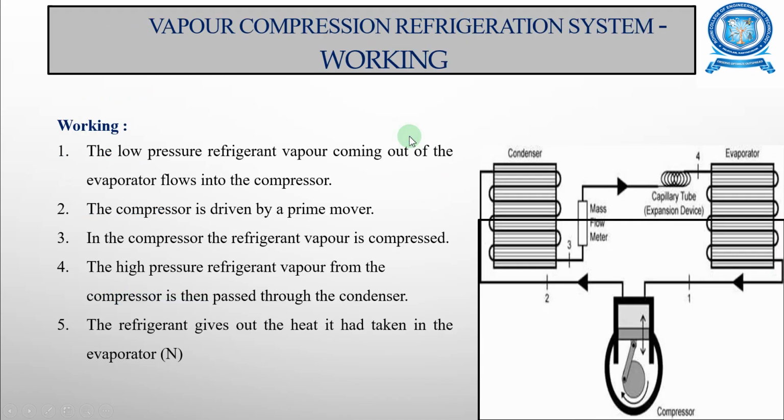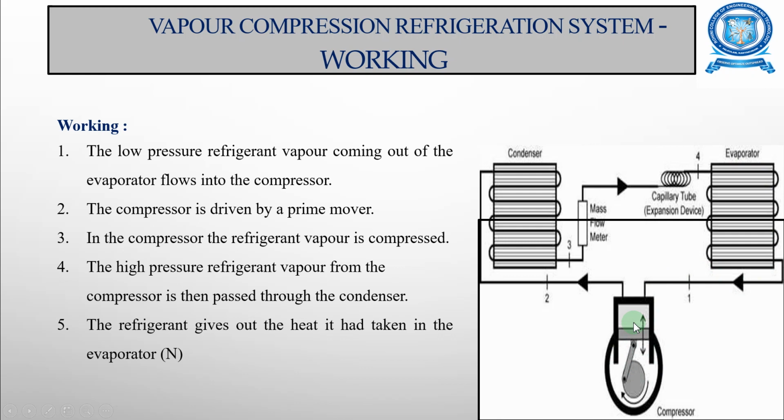Now coming to the working of the vapor compression refrigeration system. Here the low pressure refrigerant vapor which comes out of the evaporator is made to flow into the compressor. This compressor is driven by a prime mover. In this compressor, the refrigerant vapor which comes out from the evaporator is compressed.